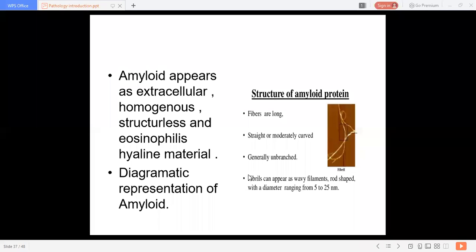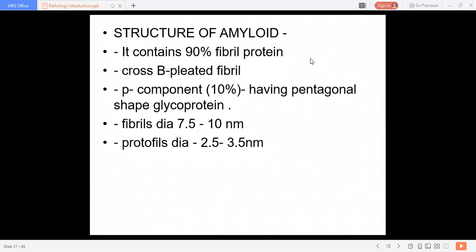Here it is given that it is generally unbranched, the fibrils are wavy filaments, rod shaped, with diameter ranging from 5 to 25 nanometer. Any query? So the structure of amyloid we discussed yesterday.